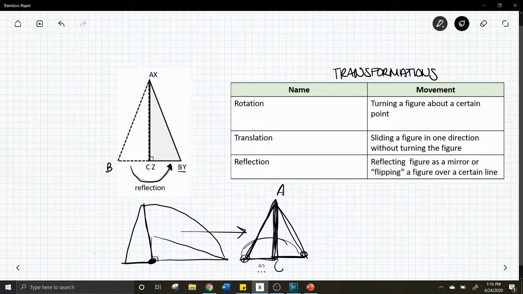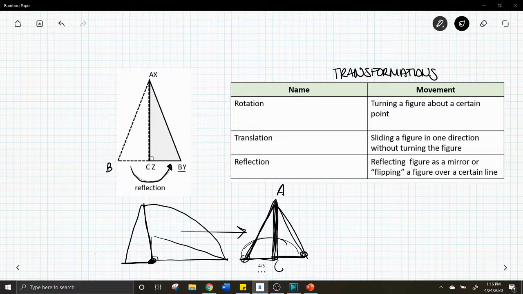Okay? So those are the 3 types of transformations that you'll want to be familiar with, and you need to understand how they are used. So we're going to identify whether something was rotated, translated, or reflected. So pause the video if you need more time to write those down or just to mull them over. And because I'm not with you, if you can do this on your own, this would be really lovely.